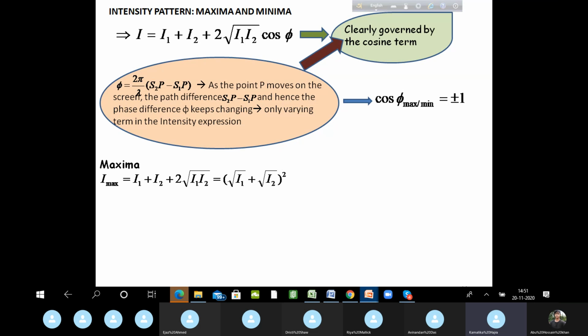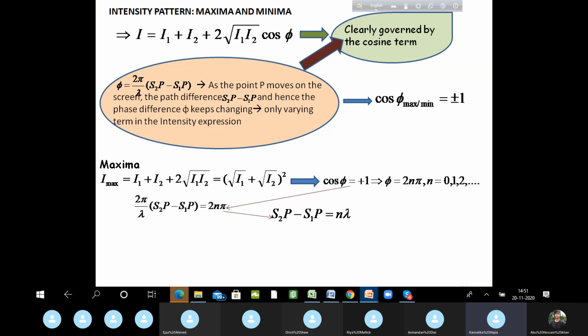So for maxima, that is cos phi is plus 1, you get maximum intensity as (root I1 plus root I2) square, where cos phi is plus 1, so phi equal to 2n pi. You put the value of phi, you get this expression. So the condition for getting maxima is path difference S2P minus S1P equal to n lambda.